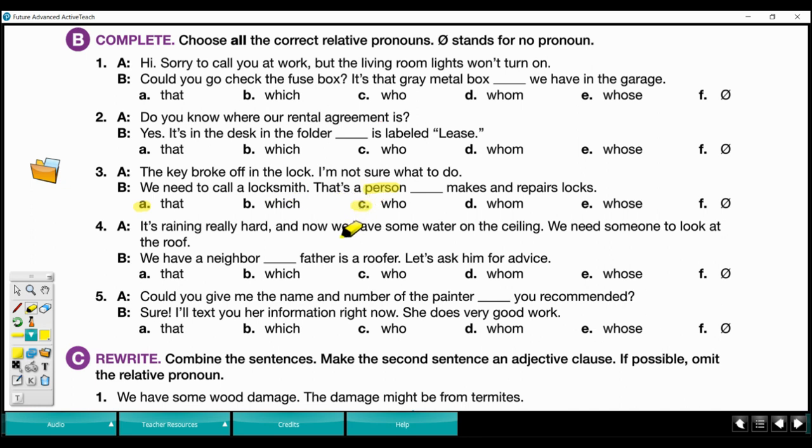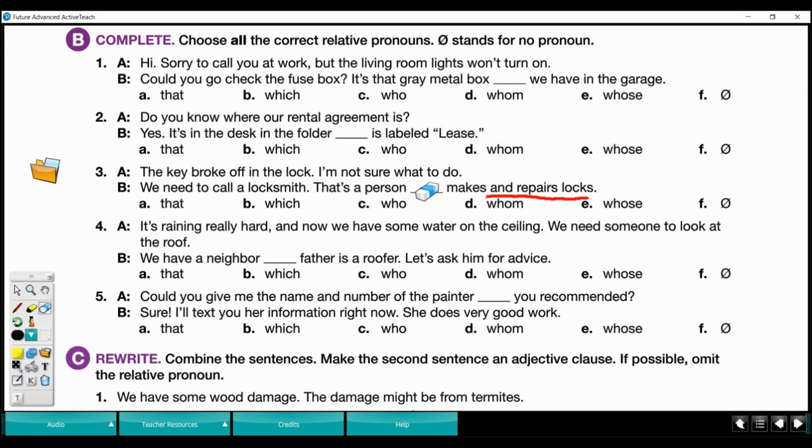These are our only choices, again, because we only have a verb and an adjective clause requires a subject and a verb. So who can function as the subject of the adjective clause, or that can, the relative pronouns.